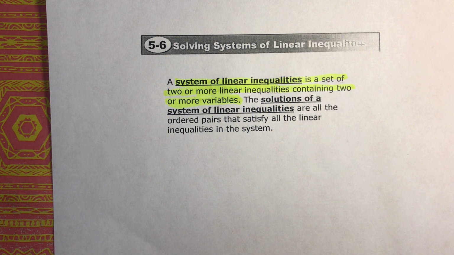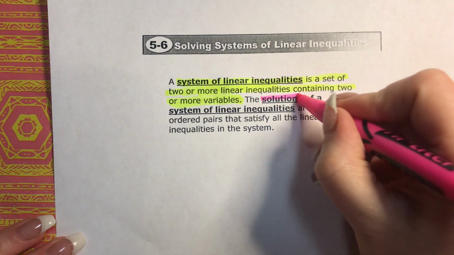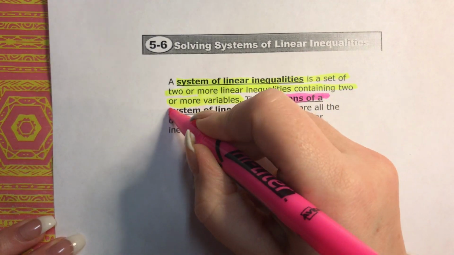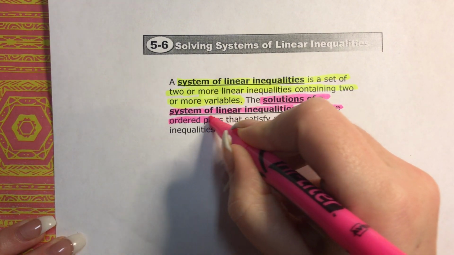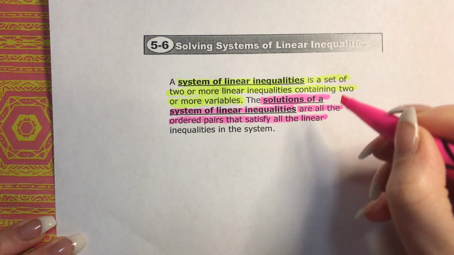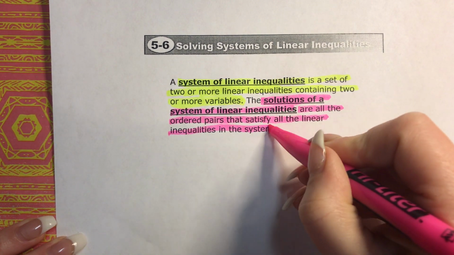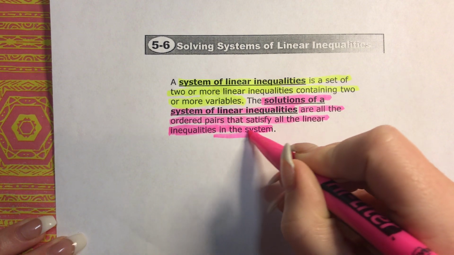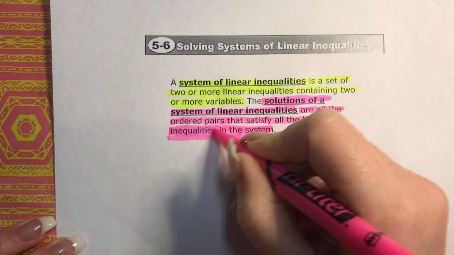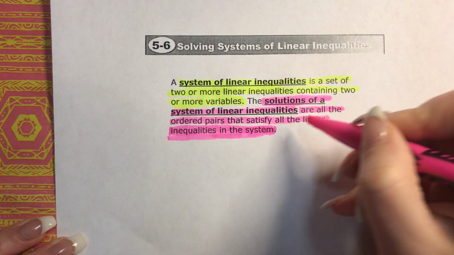So the solutions of a system of linear inequalities are all the ordered pairs that satisfy all the linear inequalities in the system. Okay?